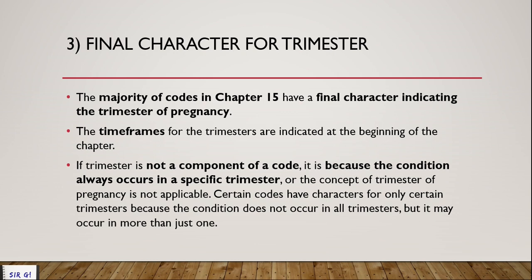Now, for the second trimester, what I saw most of the time is gestational diabetes. That always happens in your second trimester. It may happen also in the third trimester, but it always occurs in the second, and it doesn't happen in the first trimester.